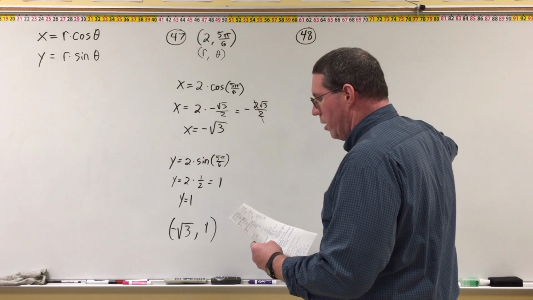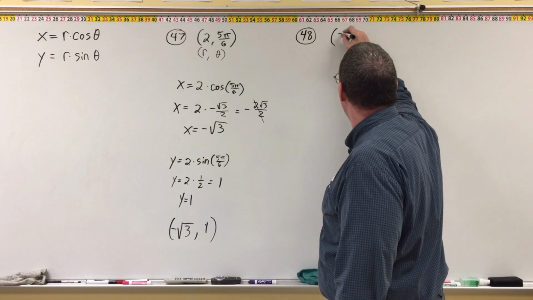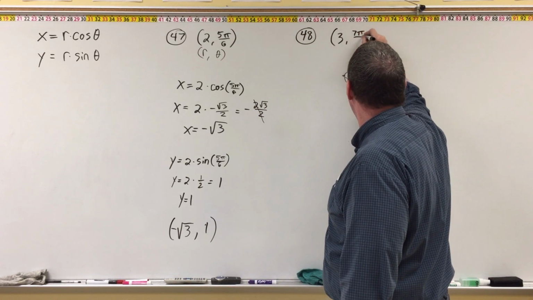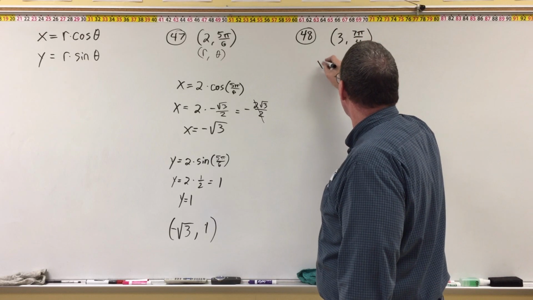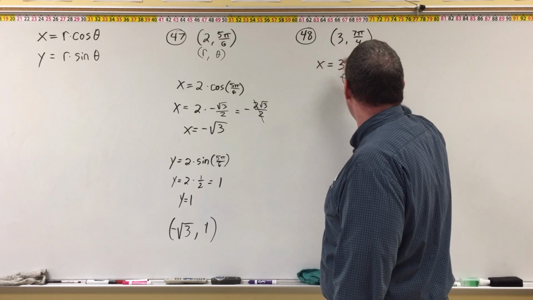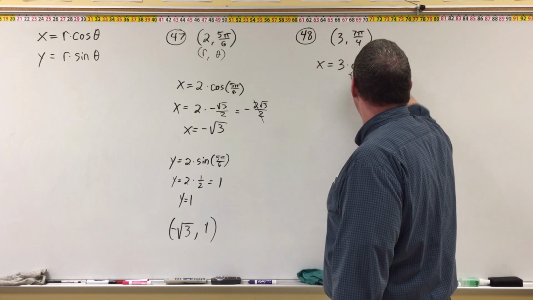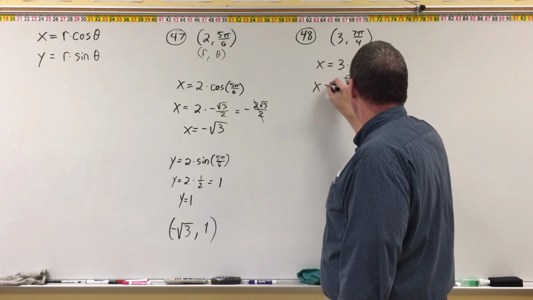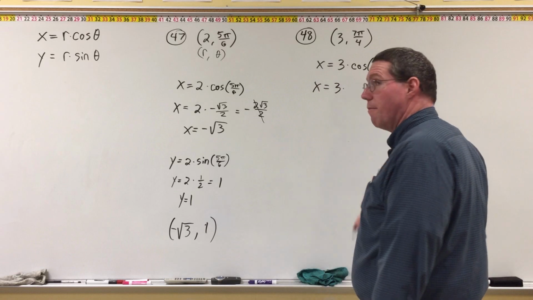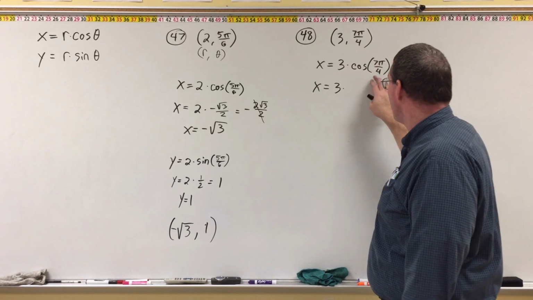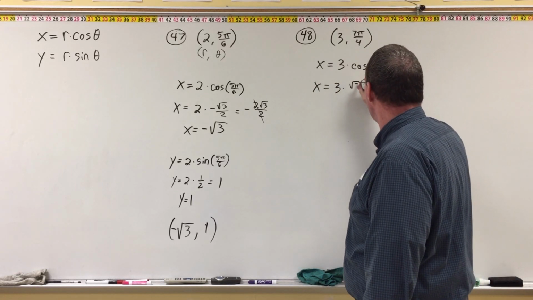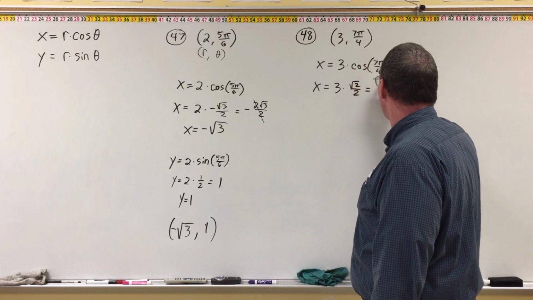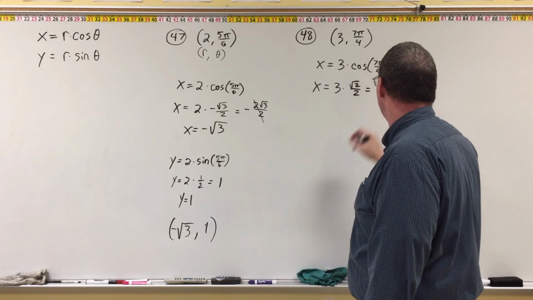48 gives us the coordinate 3 and 7 pi over 4. So x is going to be equal to 3, the radius, times cosine of the theta, 7 pi over 4. This is in the fourth quadrant, and over 4, that makes it square root of 2 over 2. And so that's going to be 3 square root of 2 over 2.